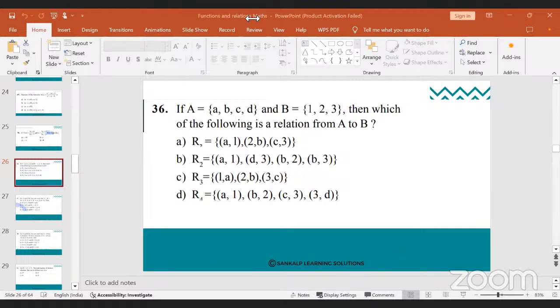So what is the answer? Option D. No, option D is not the answer. Try to find the A cross B, you will come to know. I'll give one small hint. Try to find the A cross B.